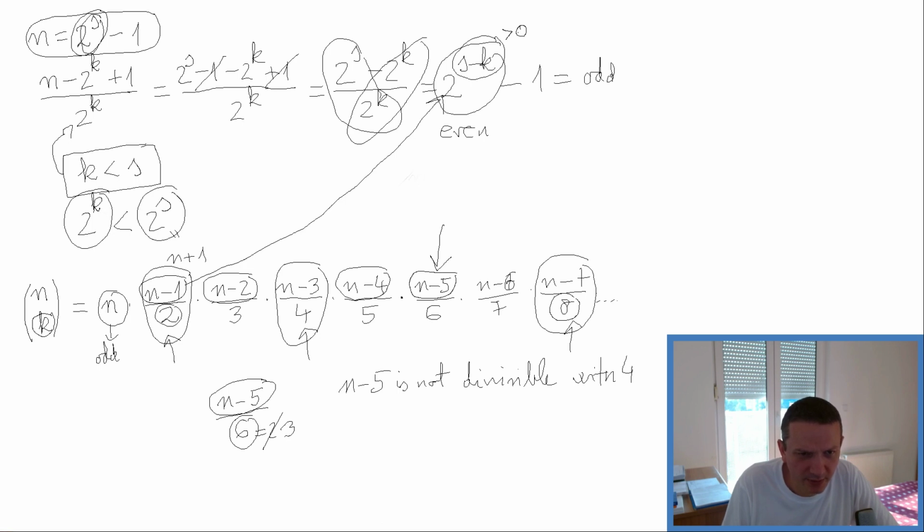Because if this guy here is divisible by 4, then also n minus 1 will be divisible by 4.